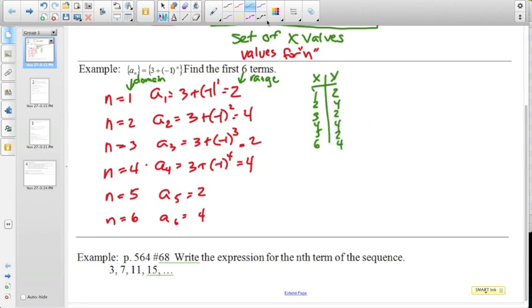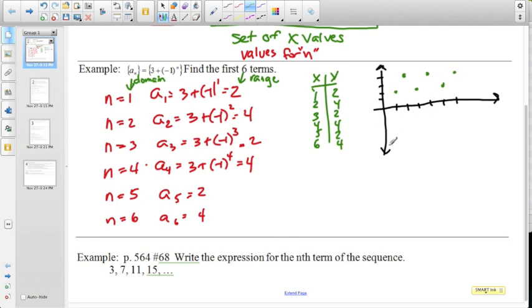And we can look at this graphically, as 1, 2, 3, 4, 5, 6. As we graph this, for the a sub 1 term we're up here at 2, and then the next term we're at 4, and the next term we're back at 2, then up at 4, then back at 2, and up at 4.